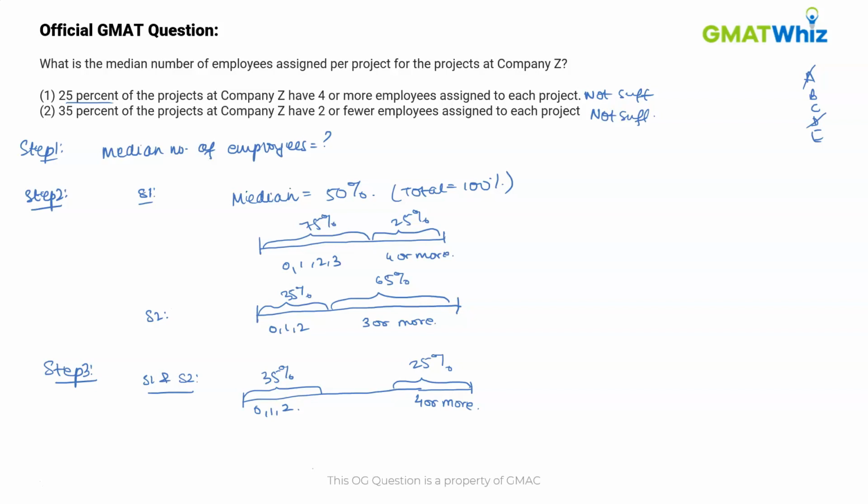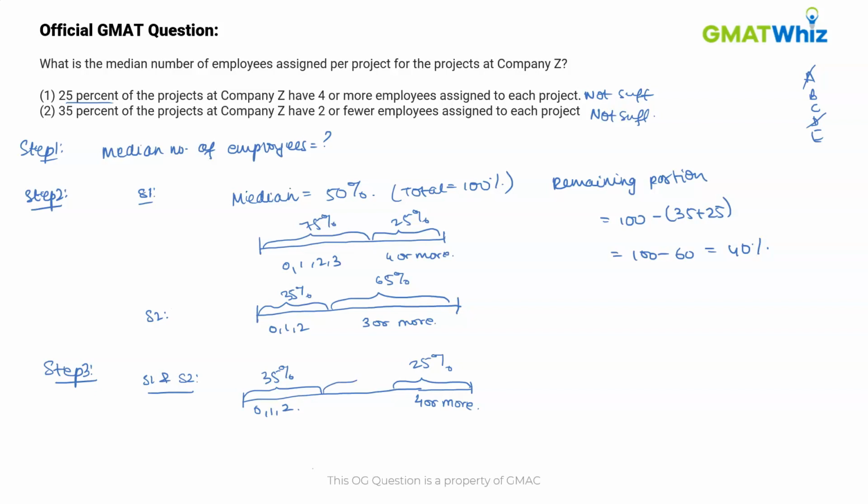Now, the remaining portion will be equal to 100 minus (35 plus 25), which is equal to 100 minus 60, which gives us 40%.